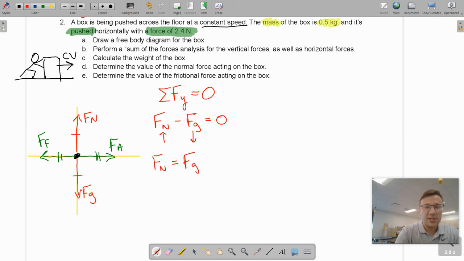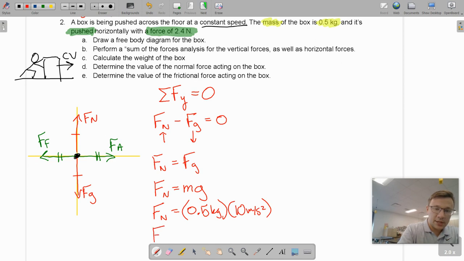We can take that one step further and say Fn is equal to mass times acceleration due to gravity. Now we can plug in these numbers, which is going to be 0.5 kilograms times 10 meters per second squared.